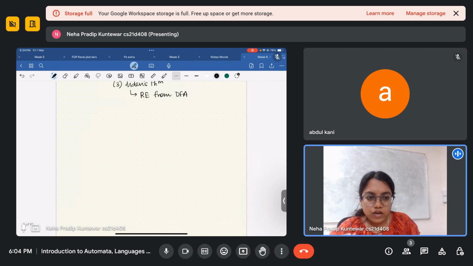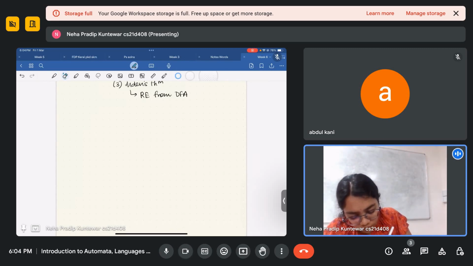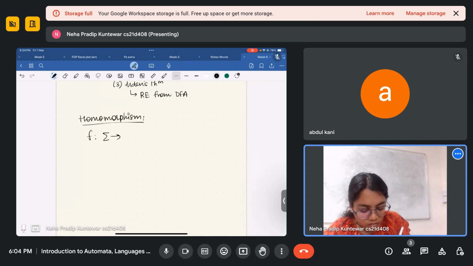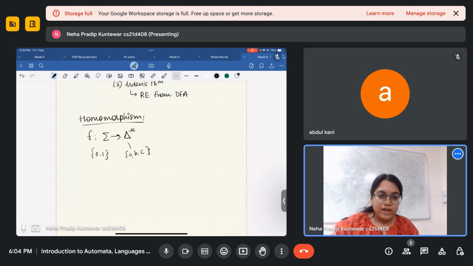Let's quickly recall what homomorphisms are. A homomorphism is a function from elements in sigma to some delta star, where delta could be some other alphabet. For example, sigma could be 0, 1, and delta could be A, B, C or something. Roughly, it takes one alphabet symbol and replaces it with some other string.